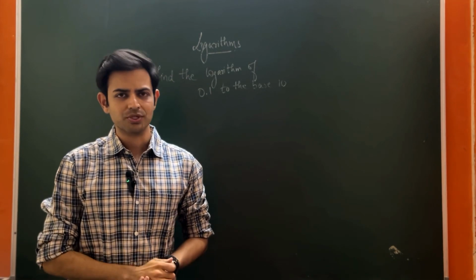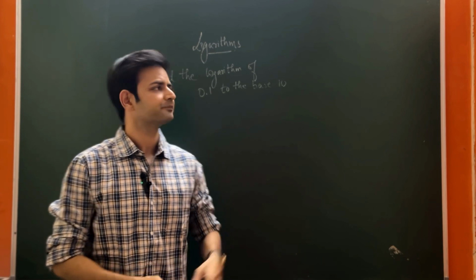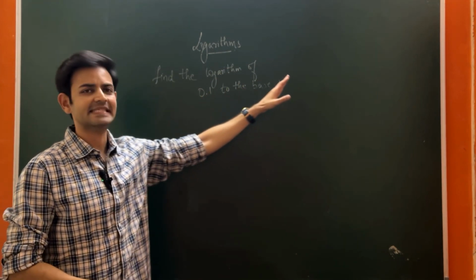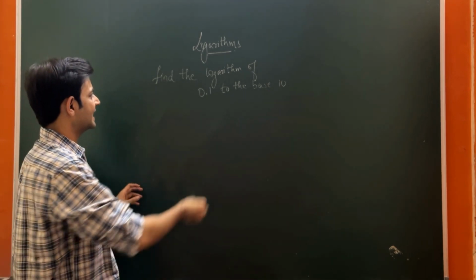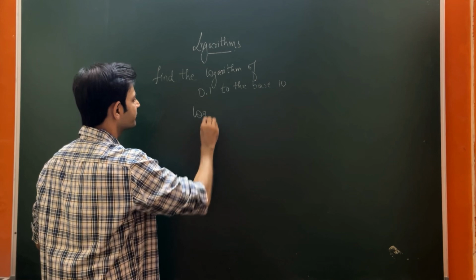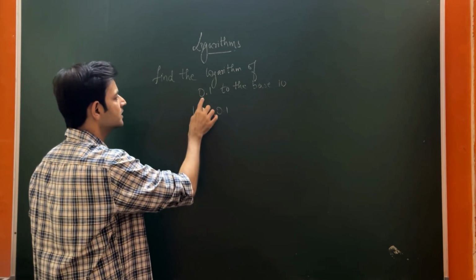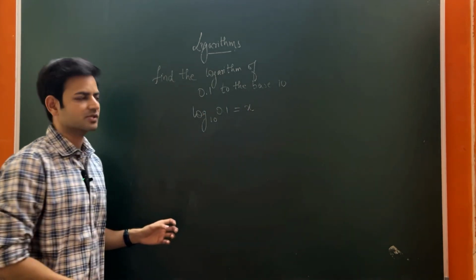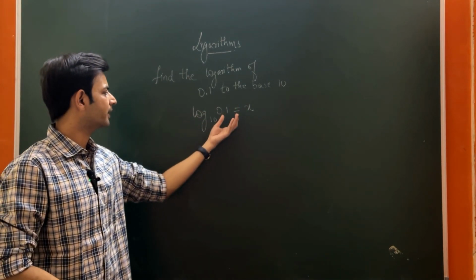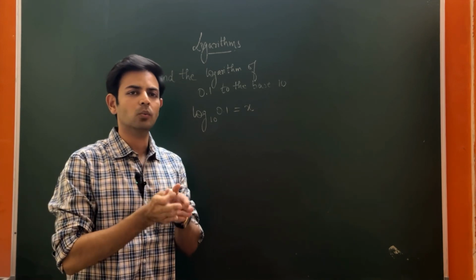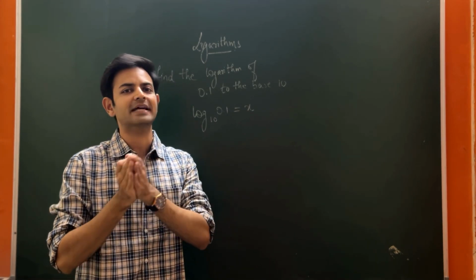Now, let us take a question to understand this concept better. Find the logarithm of 0.1 to the base 10. So, we will write this as, now I have to find the log of 0.1. So, log of 0.1 to the base 10, we assume this to be equal to x. Now, we will simply convert this logarithmic form into the exponential form.